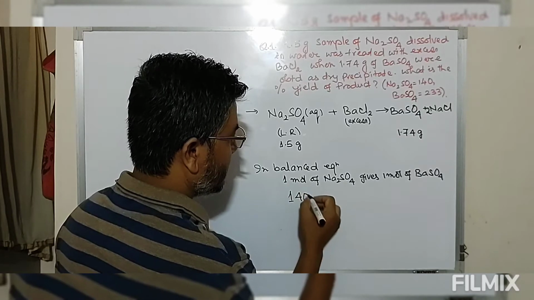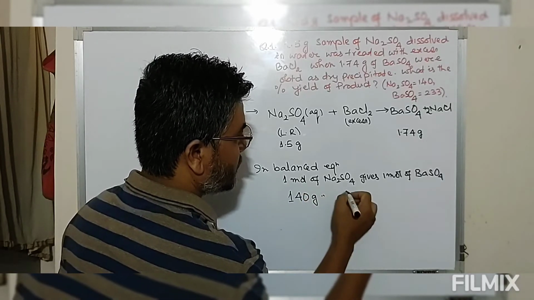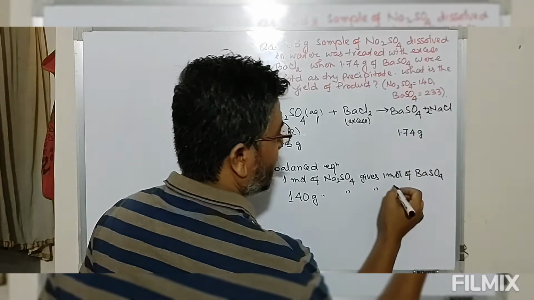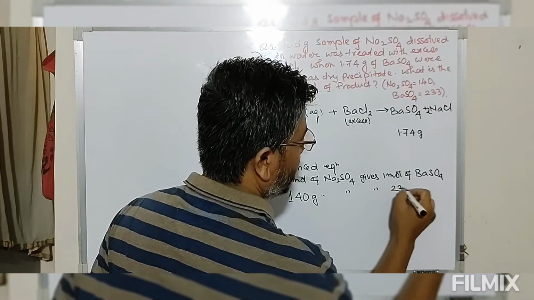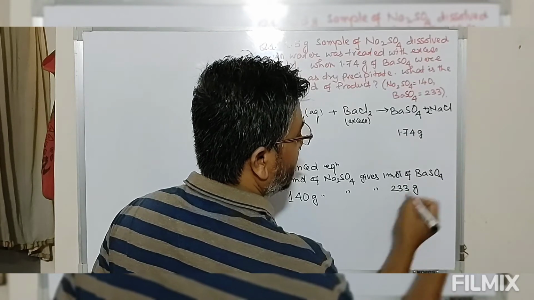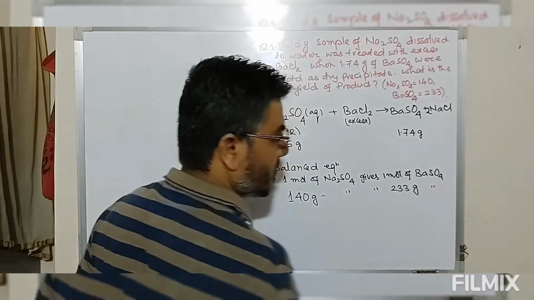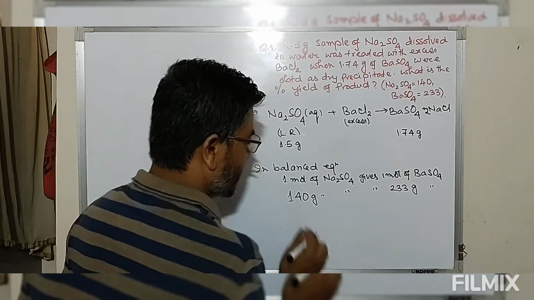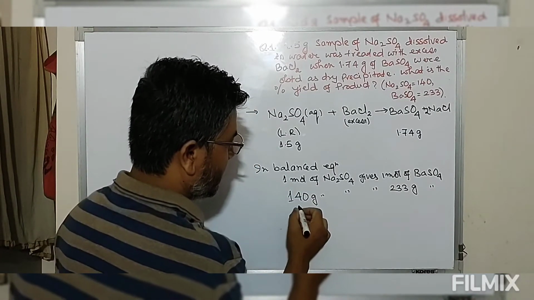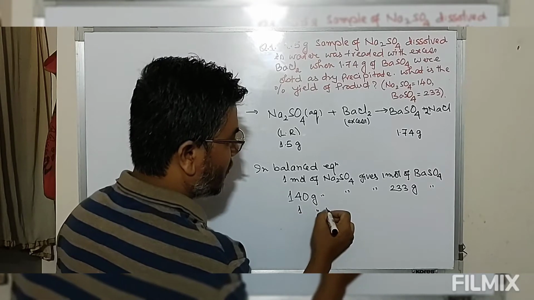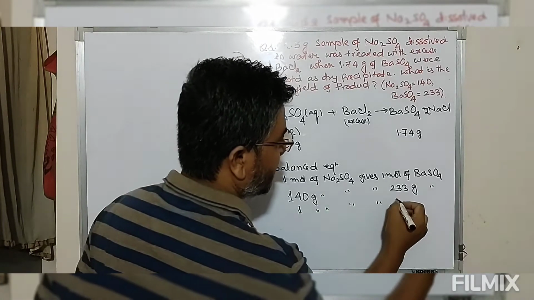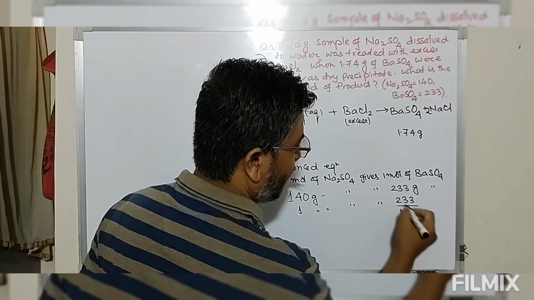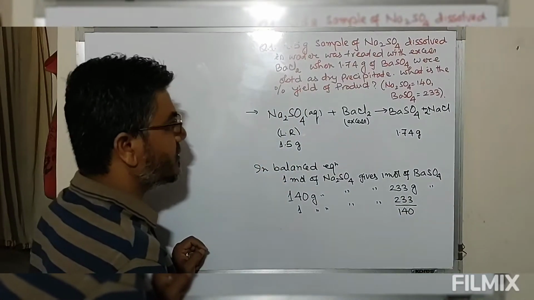So 140 gram of sodium sulfate gives 1 mole of barium sulfate, whose mass is 233 gram. So if this is the mass, then 1 gram of sodium sulfate will give 233 divided by 140 gram of barium sulfate.